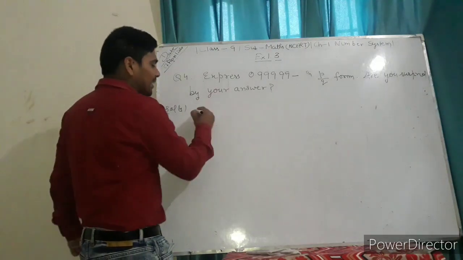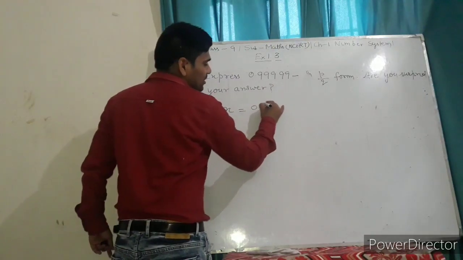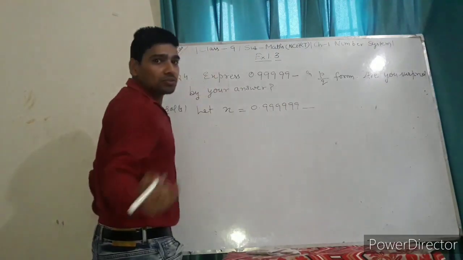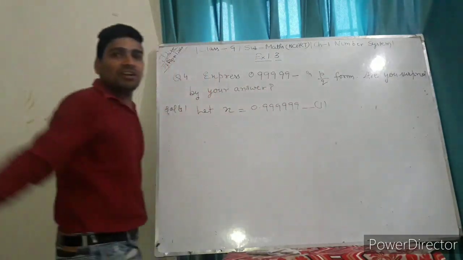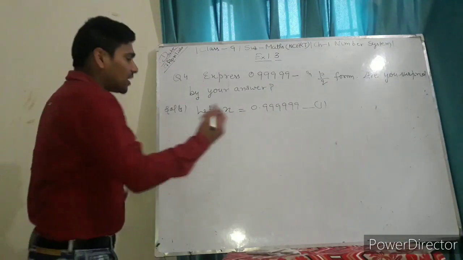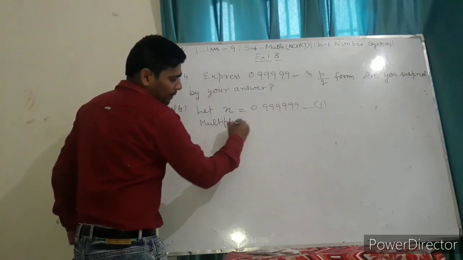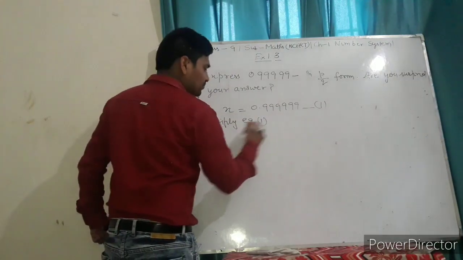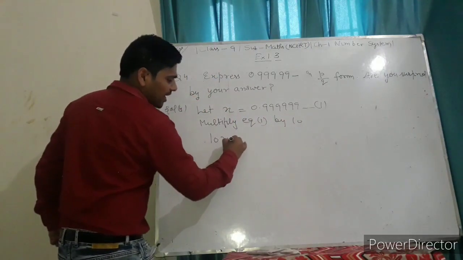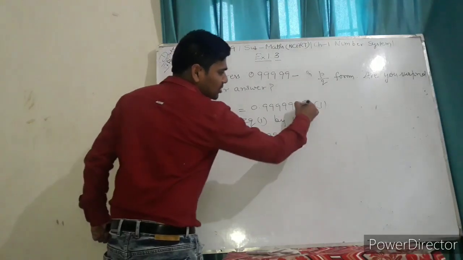Okay. So again I am solving. Let x is equal to 0.99999, and I am naming it equation 1. Now again you have to multiply it by 10. So multiplying equation 1 by 10, you will get 10x is equal to 9.999 and so on.